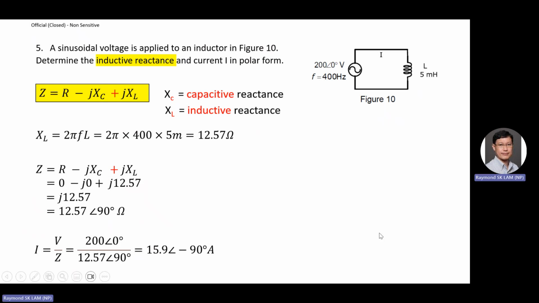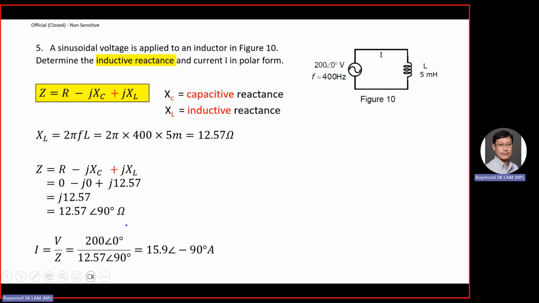I repeat again, this one you must know. The complex number has the number part and the angle part. We split into 2 parts. The first part is the number, which is 200 divided by 12.57. If you press the calculator, you should get 15.9.